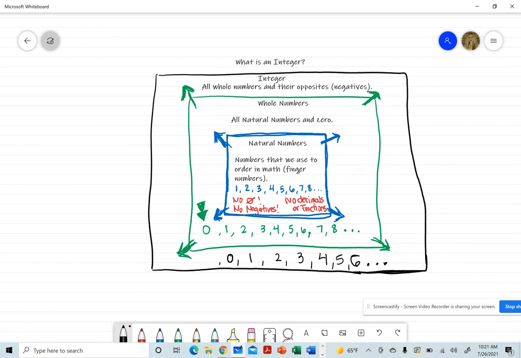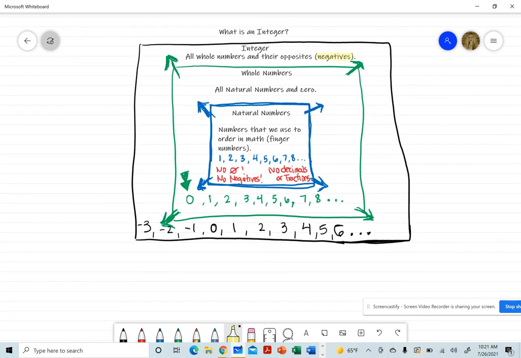So what is the opposite of 1? -1. What's the opposite of 2? -2. What's the opposite of 3? -3. And it goes on. So basically, the addition in integers is that we add negatives. However, notice there's still no decimals or fractions. So when we talk about integers, we talk about whole numbers and their opposites, okay?